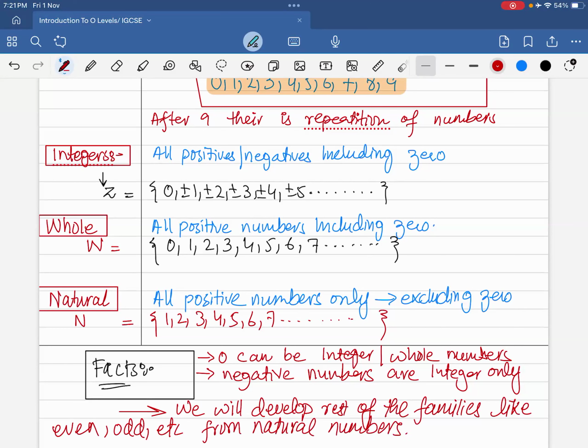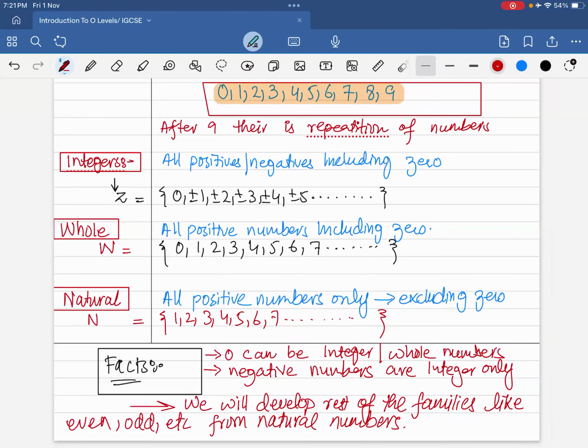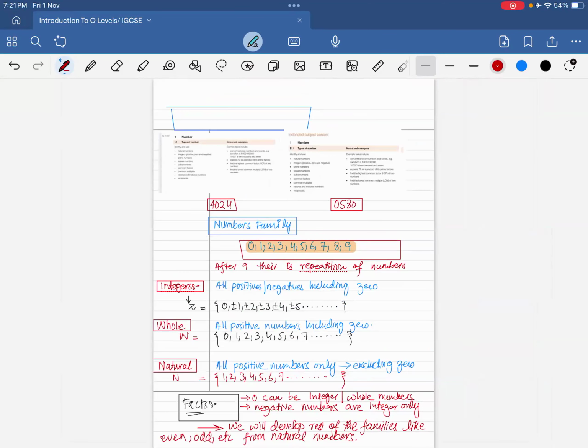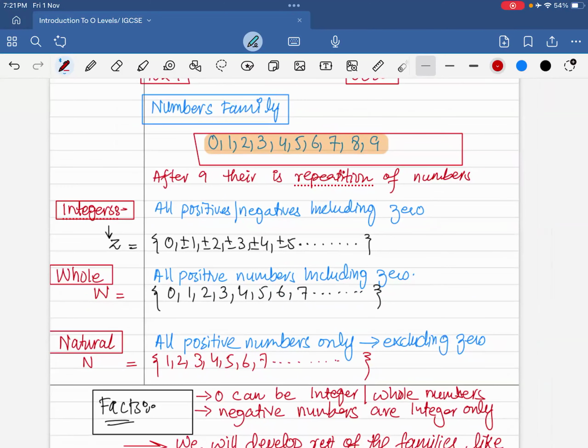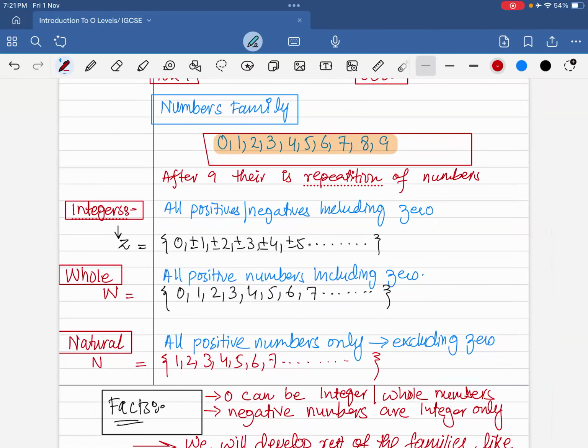It means that for the rest of the number families, we need only natural number sets. We cannot use negative numbers. We cannot even use zero. We can only use the positive numbers. Yes or no? Any problem so far in this area? Can I proceed?